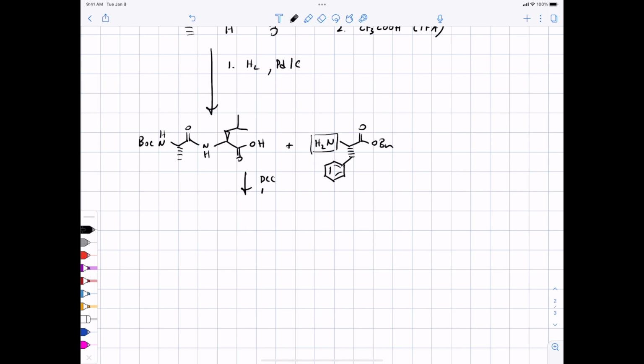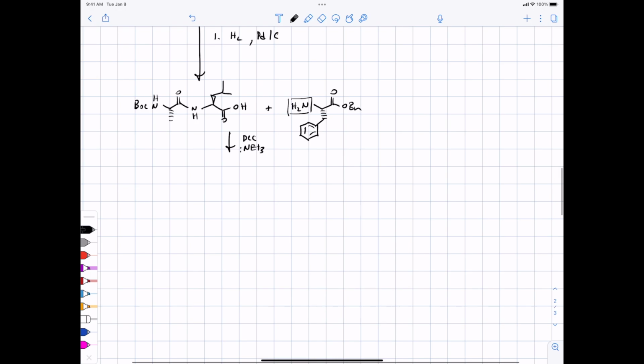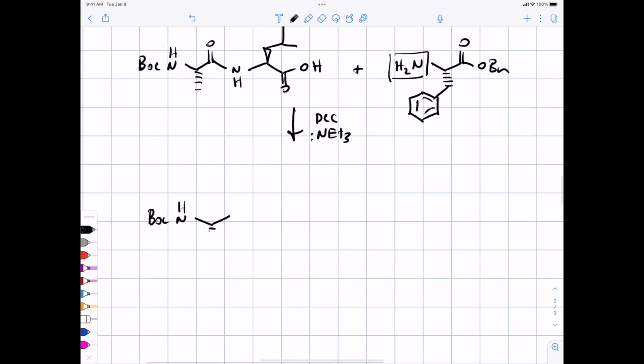Then we can use DCC and triethylamine again, and that's going to make our next amide bond. And sorry, I'll try to clean up the penmanship here. I think I'm hustling too fast. NH is the new bond.